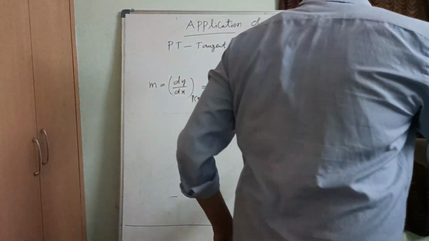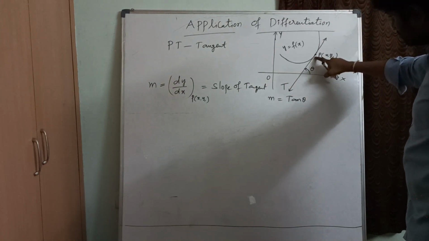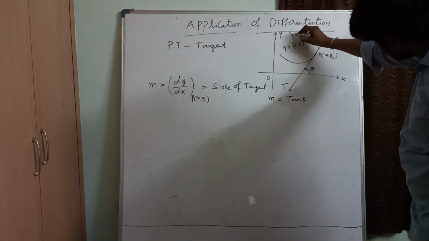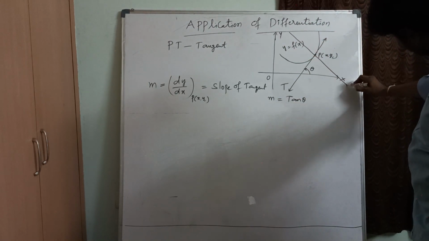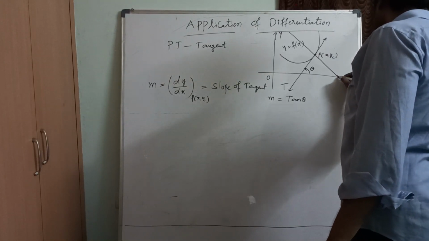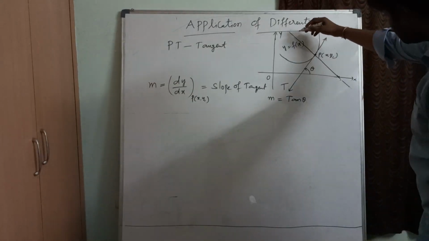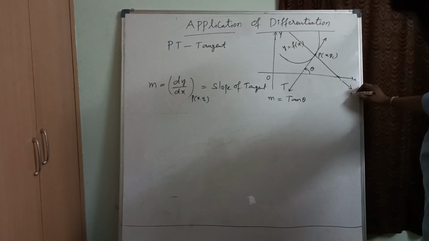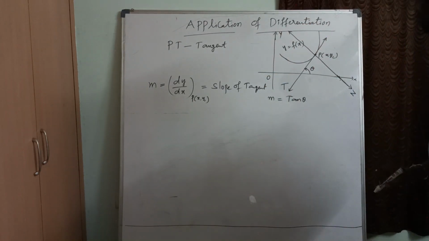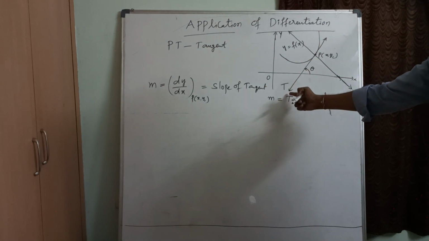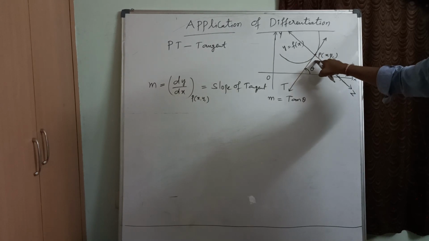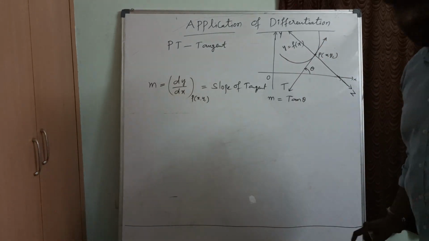Let me draw another line which is perpendicular to this tangent, like this. Let us say this line, and let me take this as N. Whatever line is perpendicular to the tangent and drawn at that point of contact only, that is known as the normal.